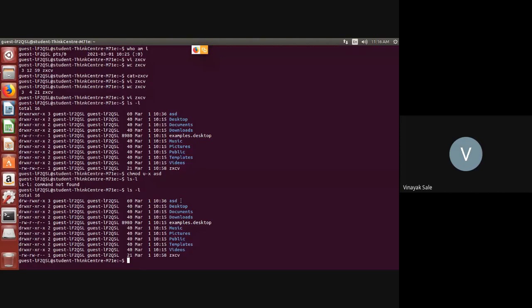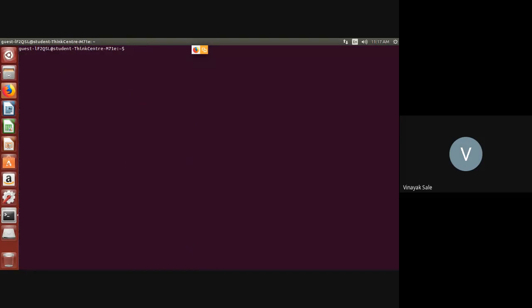Then whenever you have written this command, see in the ls command, here X is removed. Okay, suppose I want to remove read again.